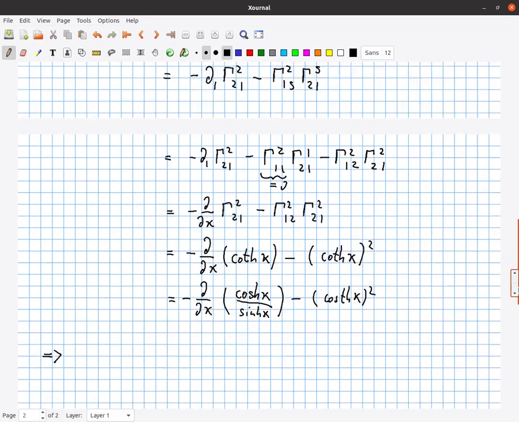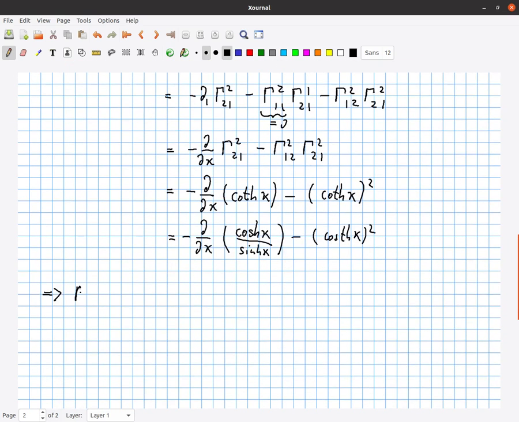So R^1_{212}. Here we have a minus sign, which we keep hold of. The quotient rule begins with differentiating the numerator, multiplying by the denominator, sine hyperbolic squared kappa.